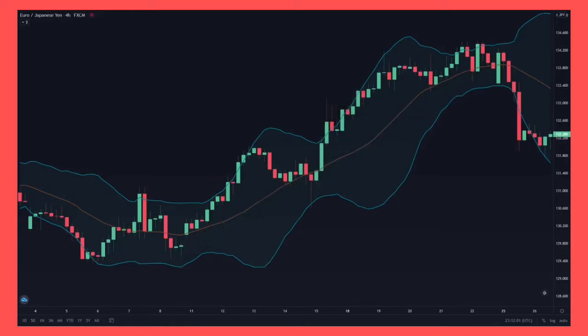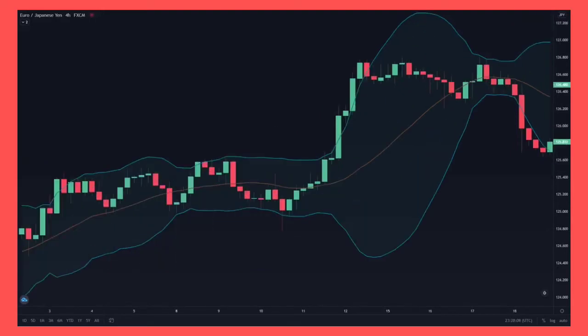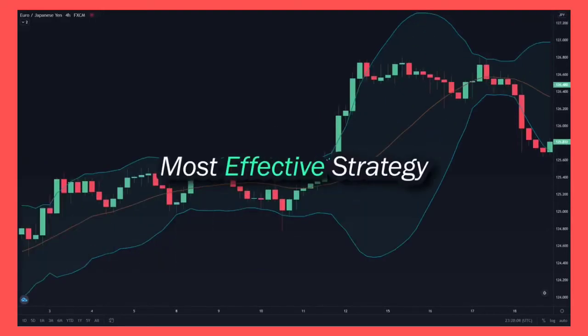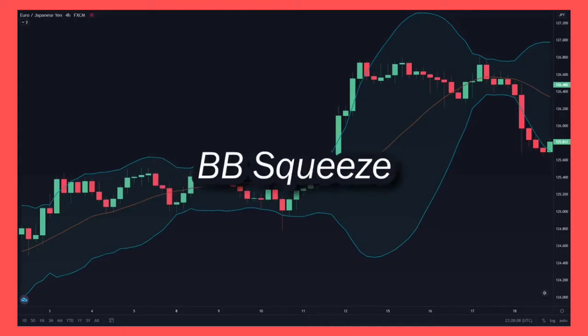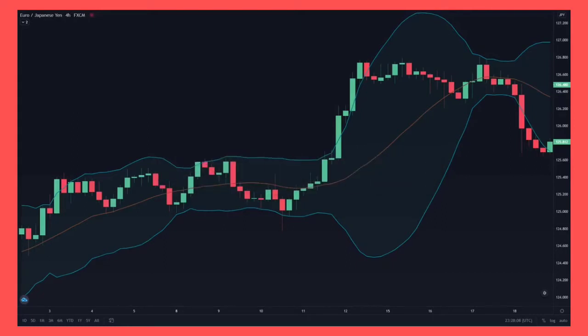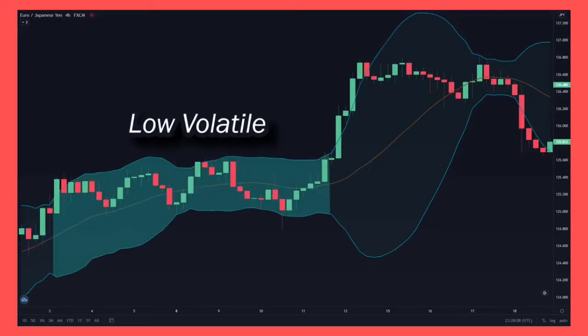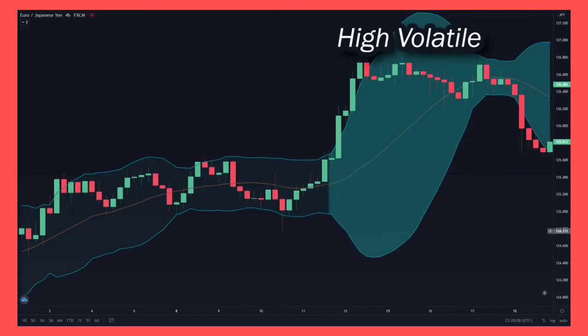After testing the Bollinger Bands indicator multiple times, I actually found the most effective strategy that you can use. And the strategy is called the Bollinger Band Squeeze. This strategy is based on predicting price breakouts using volatility. What you need to understand is that the volatility of the market is constantly changing from low to high and vice versa.